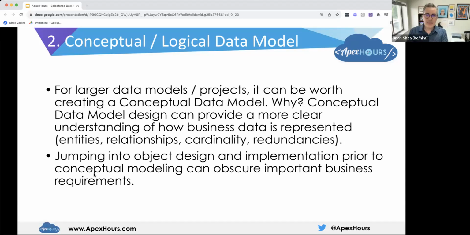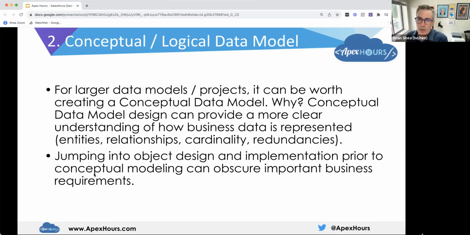Okay, so as I mentioned, there's a difference between a conceptual data model and a Salesforce object model. I would argue for larger projects, it can be worth creating a conceptual data model. I know there are times when it can feel like you're doing this extra analysis step, particularly if you're very fluent in Salesforce, it may feel like this extra unnecessary step.